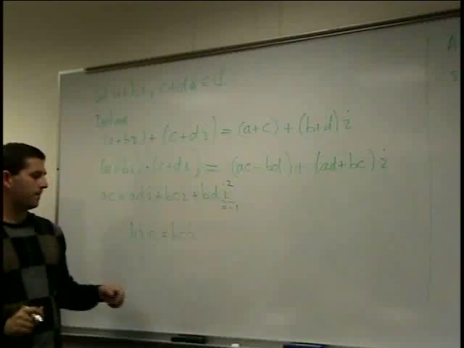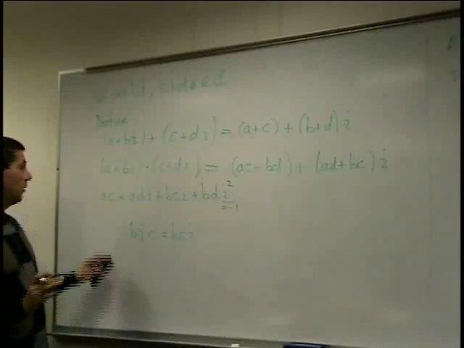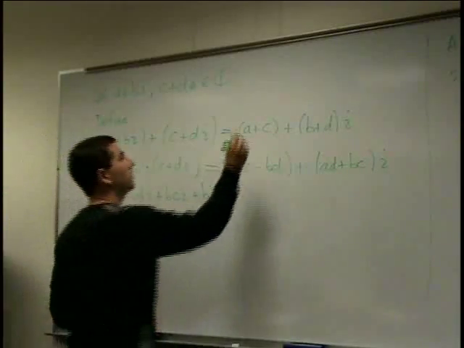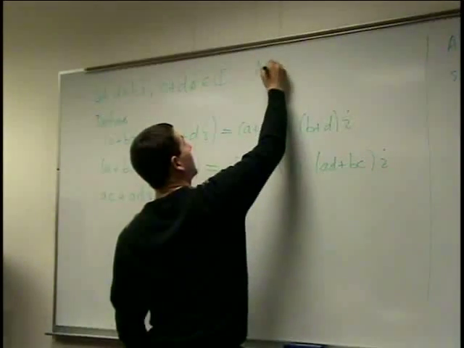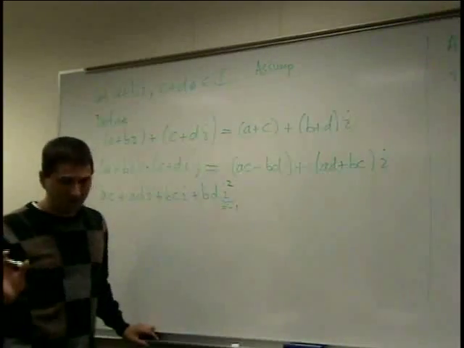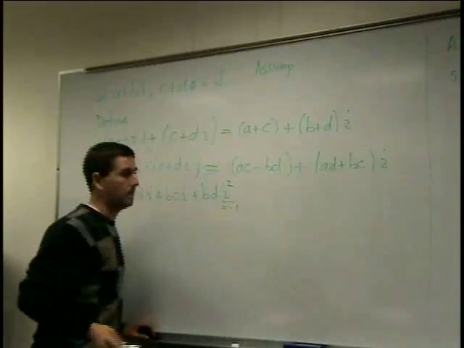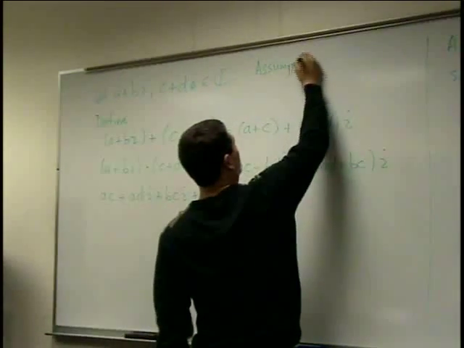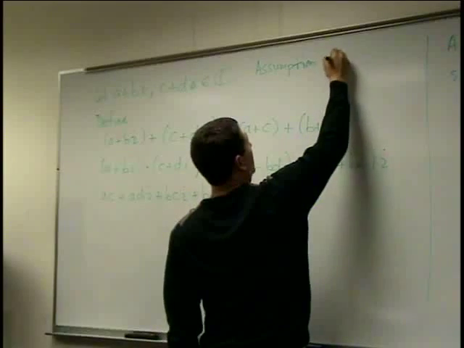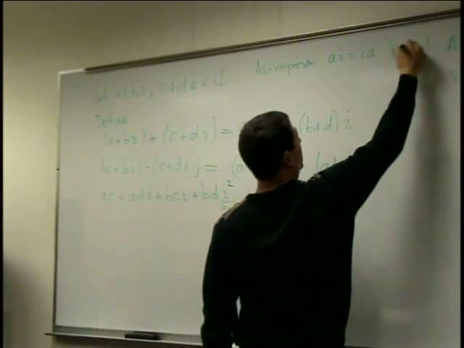Okay, so that's an assumption that we put into the game. Okay, so we have an assumption on complex numbers that we want. Technically it's not actually an assumption. It's following from defining things in this way. Okay, but let's write it down as an assumption. Is that AI equals IA for all real numbers.